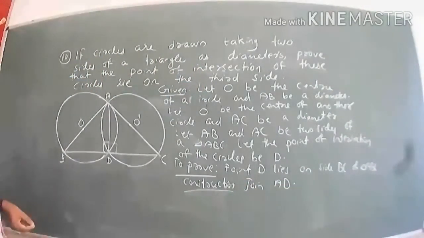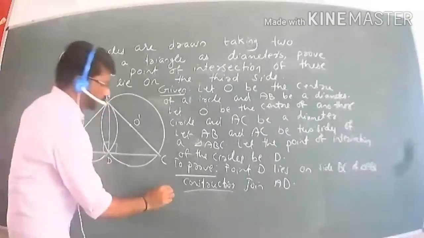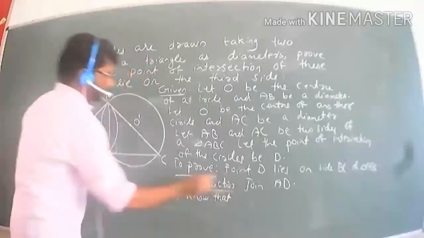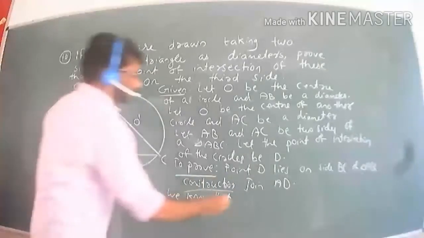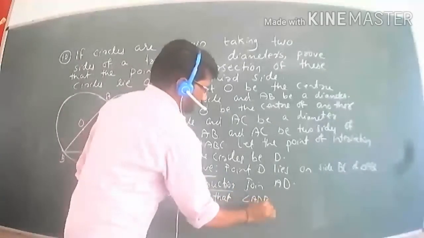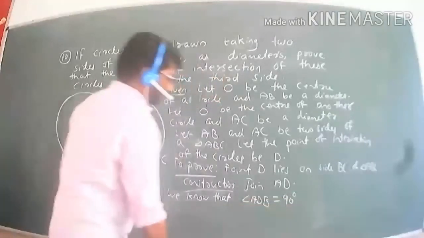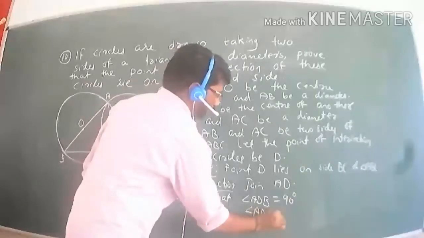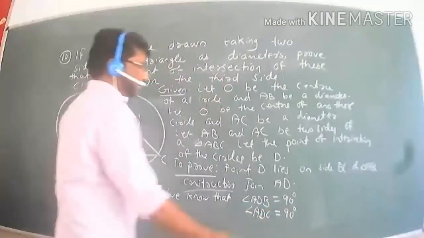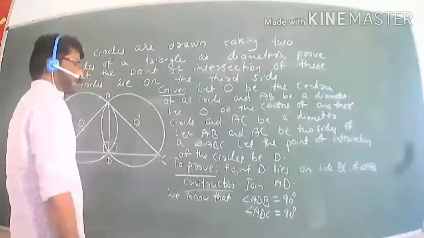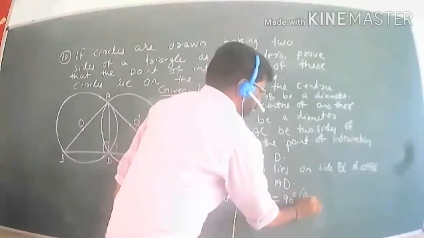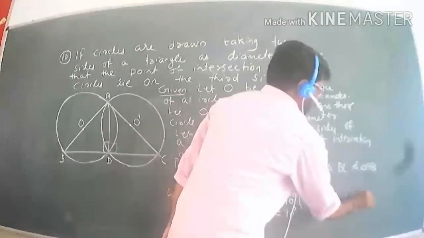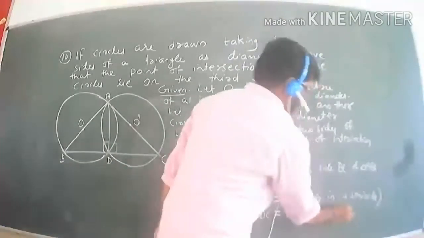Now we can write that we know that angle ADB is equal to 90 degree. Then angle ADC is also 90 degree. Reason, angle in a semicircle is 90 degree.